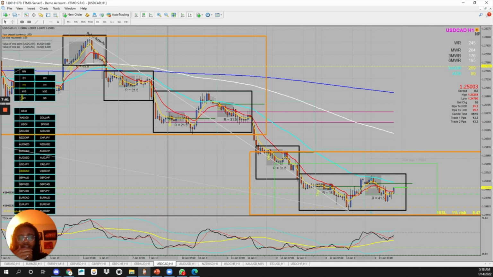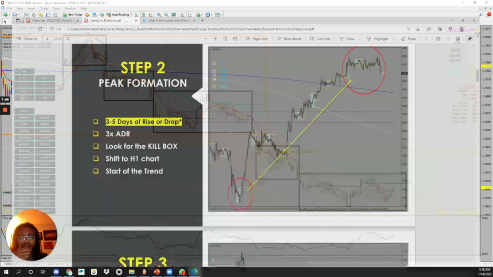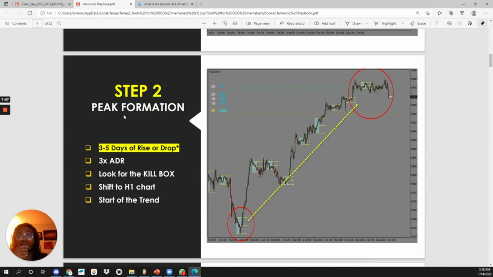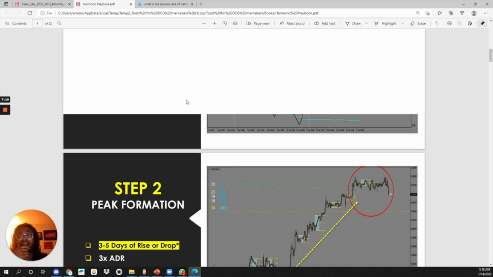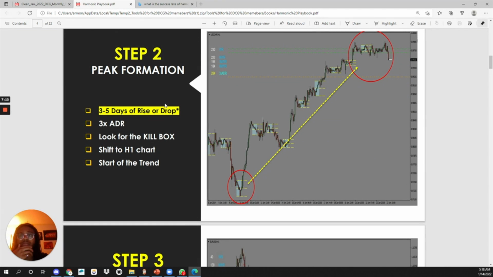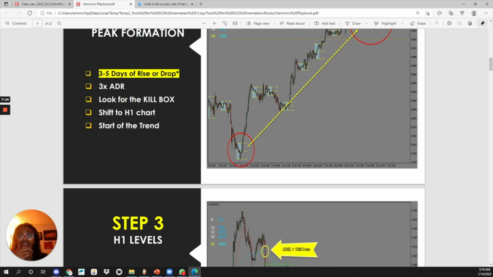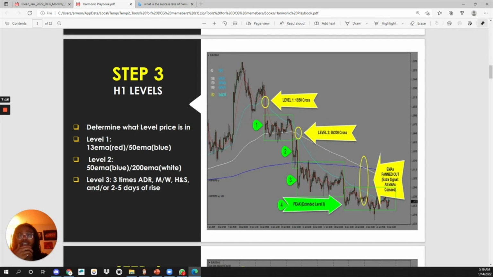Okay, cool. Now let's go back to the playbook. So all of the rules check out here. Peak formation is identified. It's not locked in, but it's identified. All of the rules are there. And I want you guys to understand, when it comes to trading, everything is pretty much based on rules.